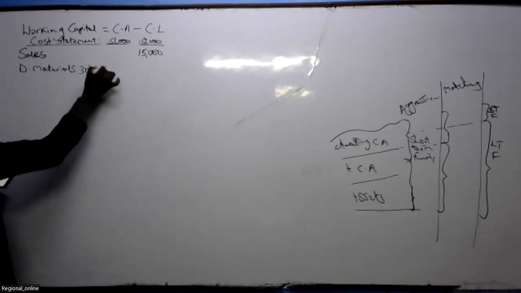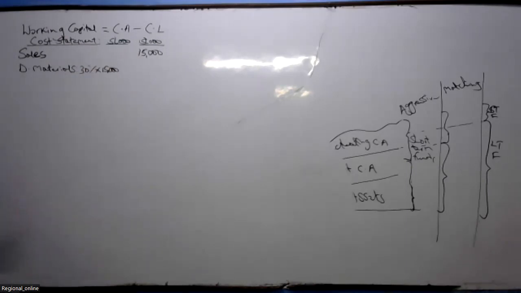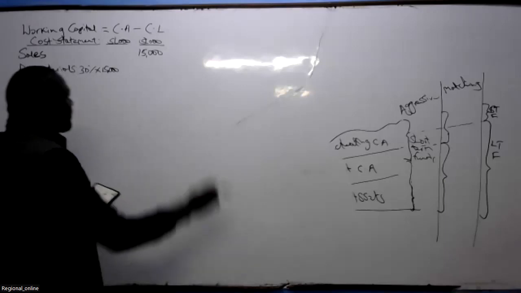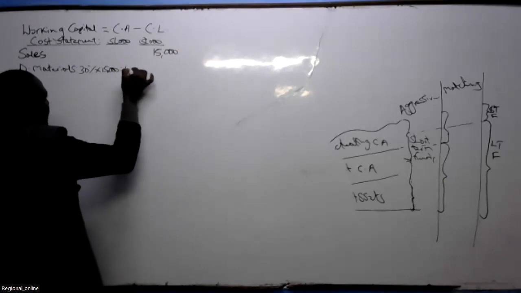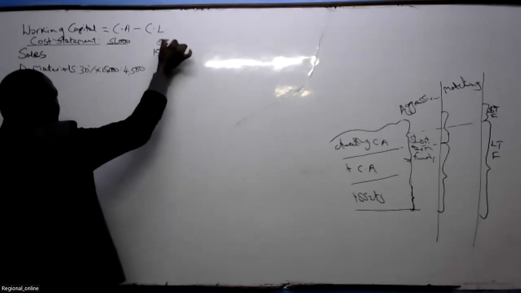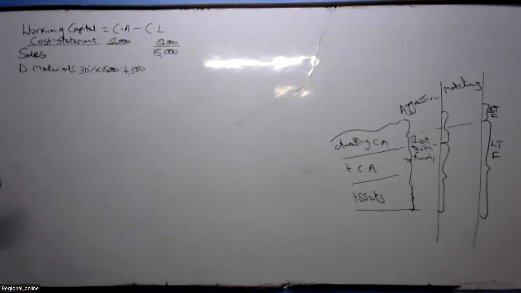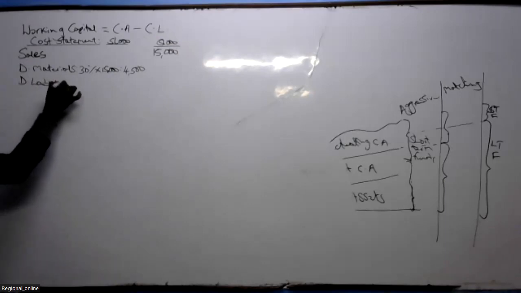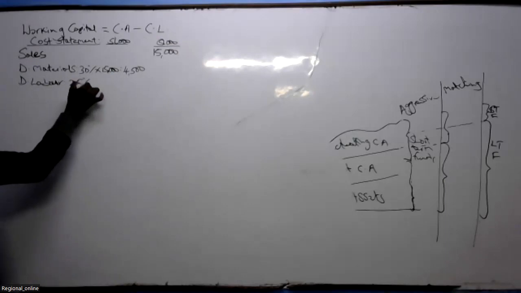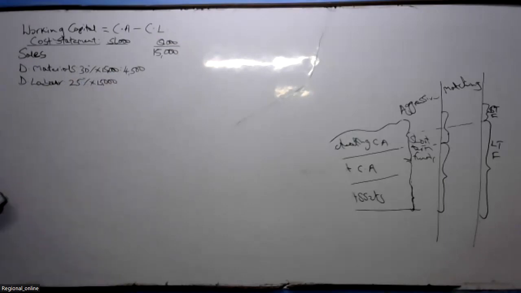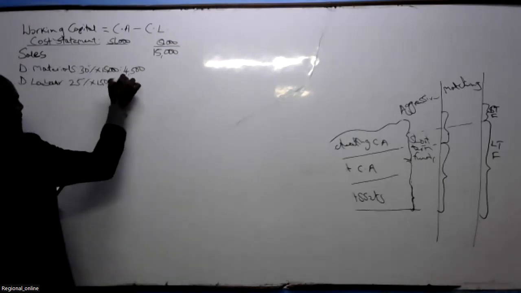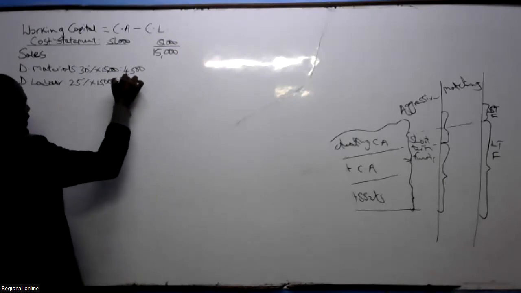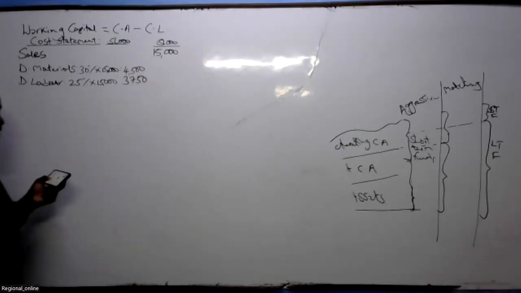So 30% of 15,000 is 4,500. We have direct labor. What percent? So 25% of 15,000 is 3,750.